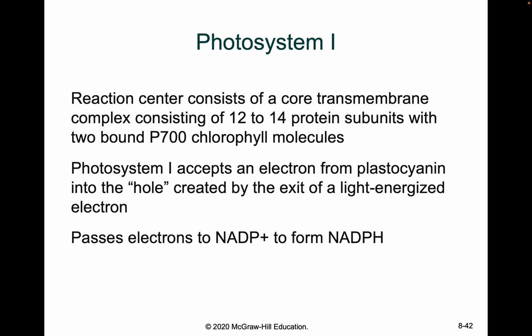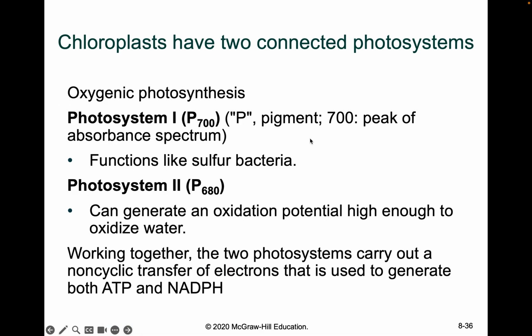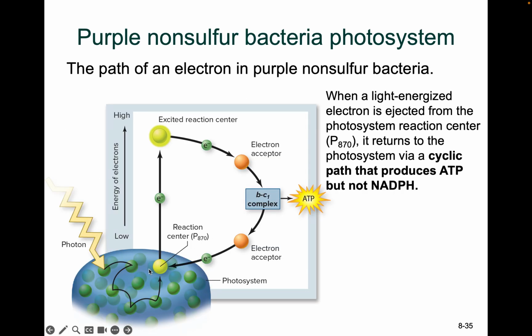So now let's go into photosystem 1. It's actually quite bigger because it has 12 to 14 subunits, and it has two bound P700 chlorophyll A molecules. And again, this explains why you have two electrons being removed here. Here, in the P870, you have one electron because you only have one chlorophyll A molecule.